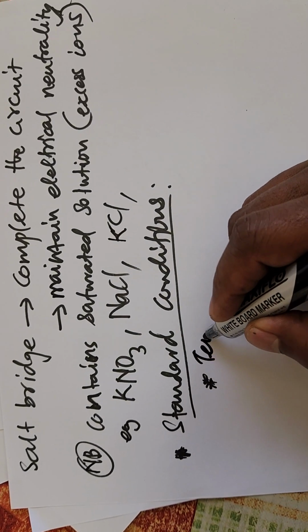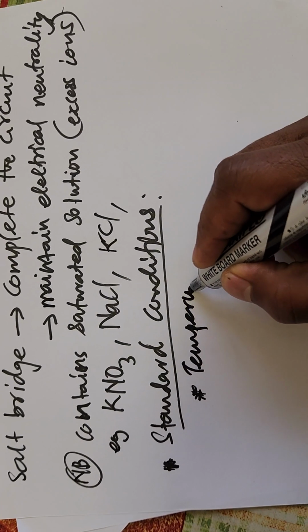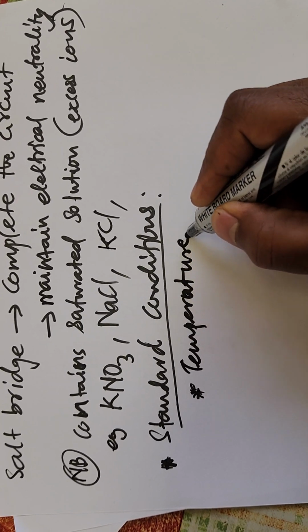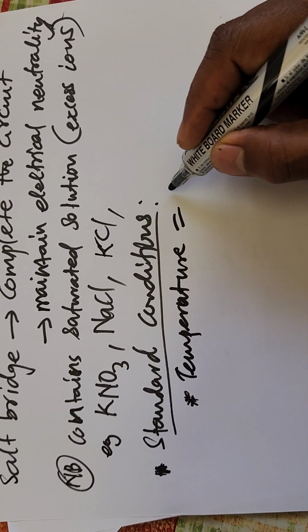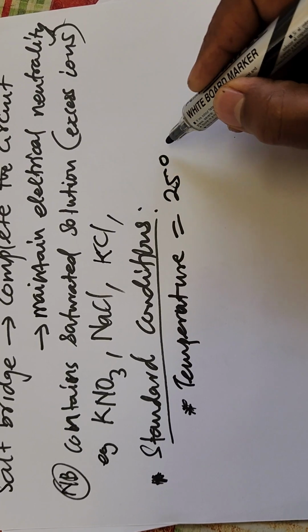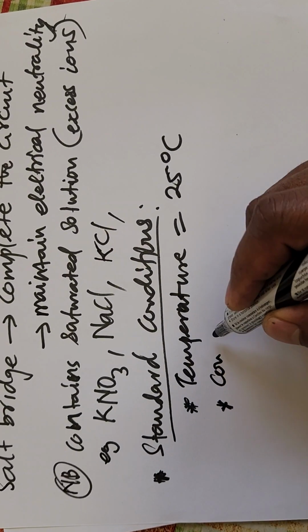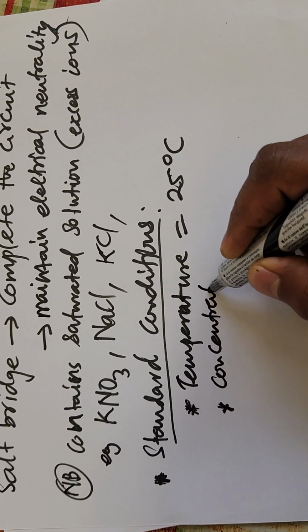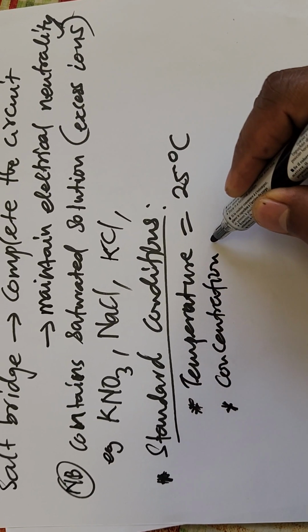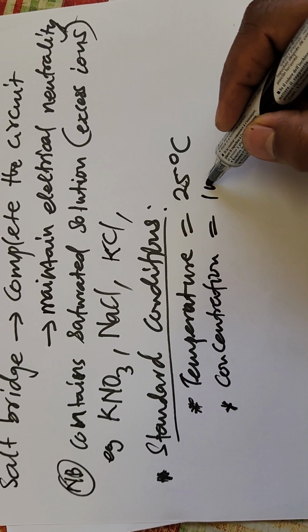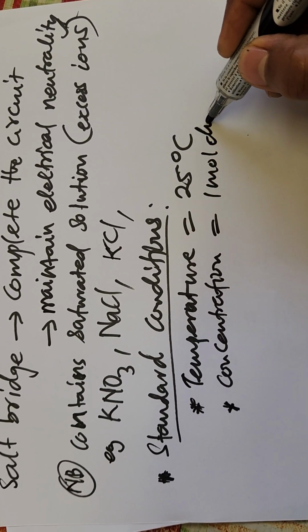The case which caters for all is this one. The first one that is applicable to all is the temperature. The temperature has to be of the surrounding, 25 degrees Celsius. The second one is the concentration of the electrolytes, which has to be 1 mole per dm cube.